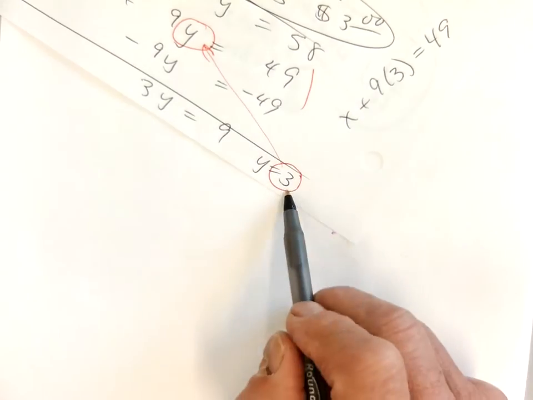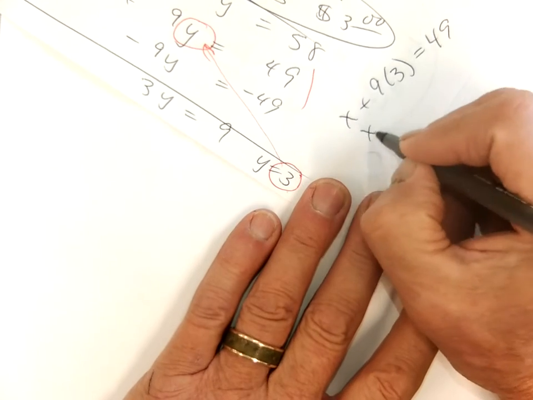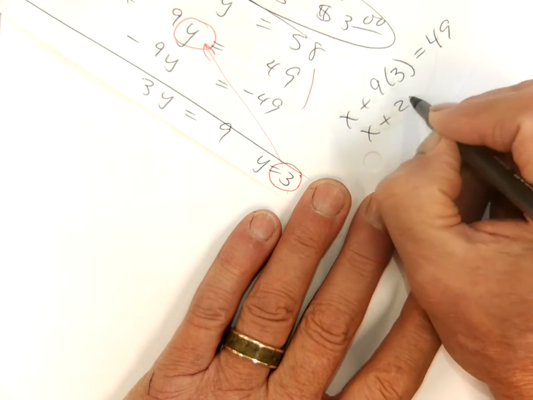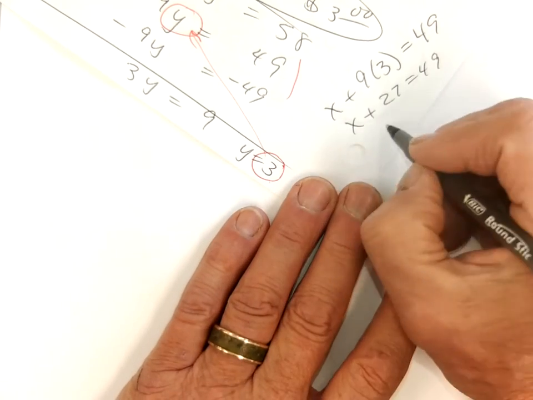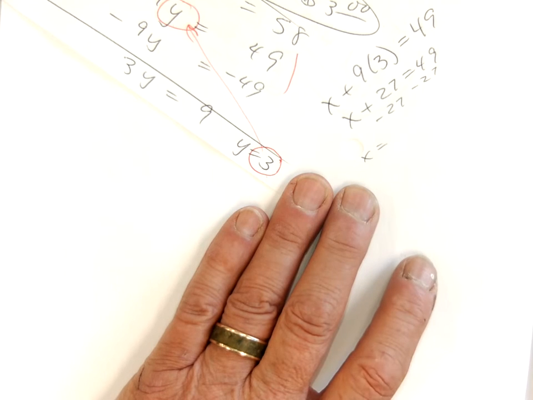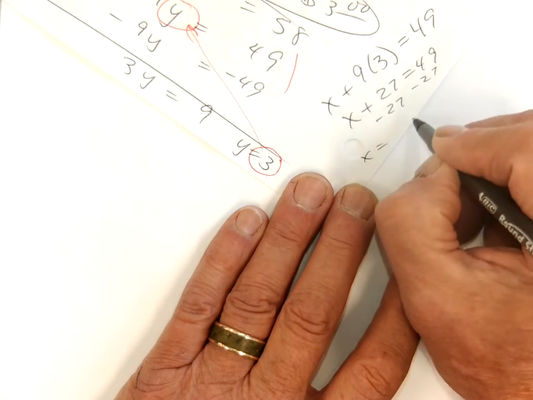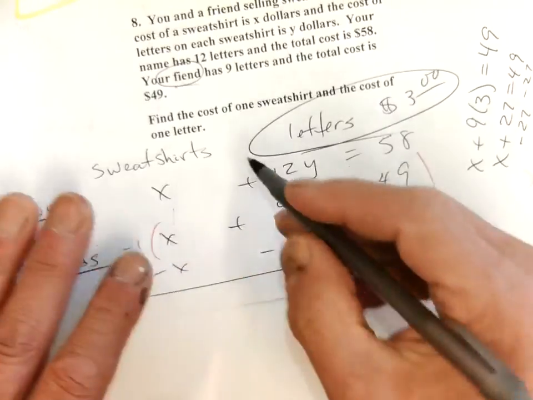I'm just going to put my 3 in for Y to get the value of X. 9 times 3 is 27. Minus 27, minus 27. X equals, what's 49 minus 27? 22, right? Okay, so sweatshirts are going to cost $22 apiece.